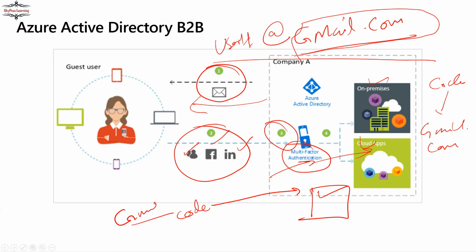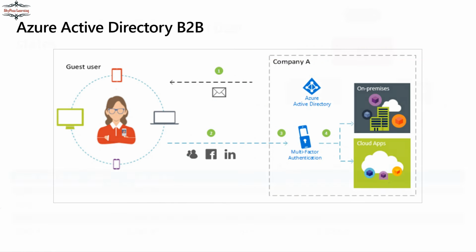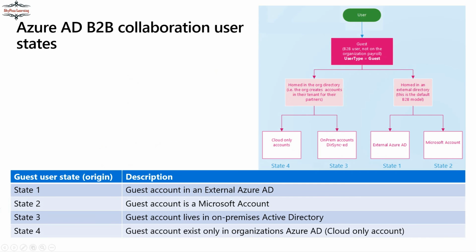So the external users, or we can say the guest IDs, can access your organization resources. These are certain scenarios. A guest user account can be an external Azure AD account. It can be a Microsoft account.